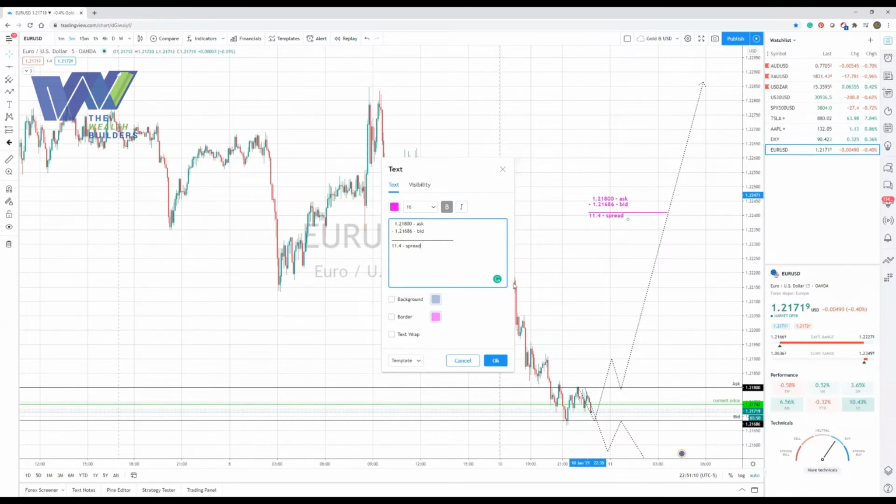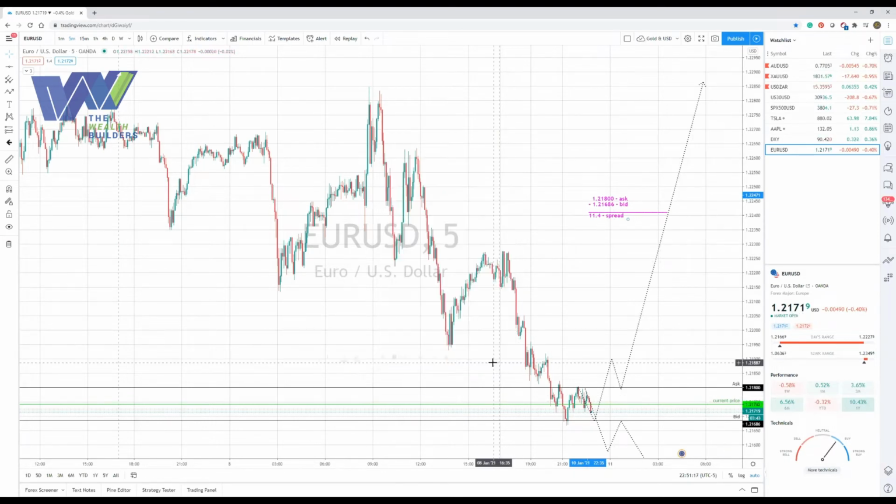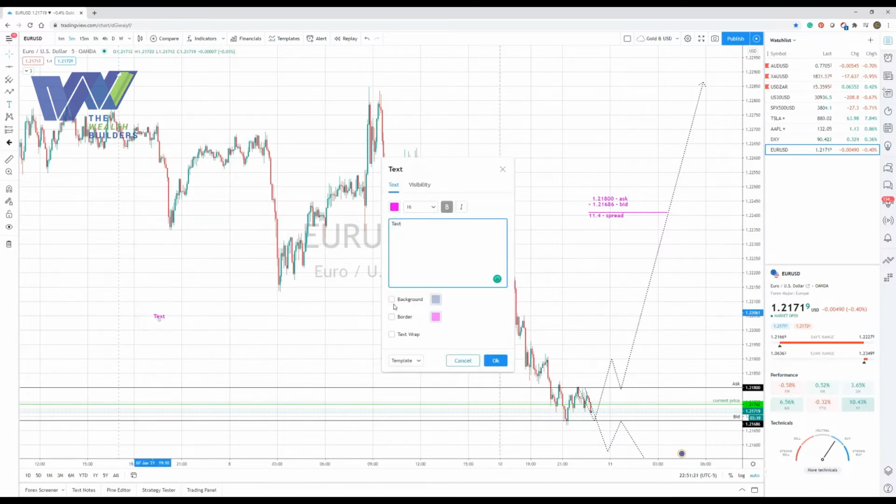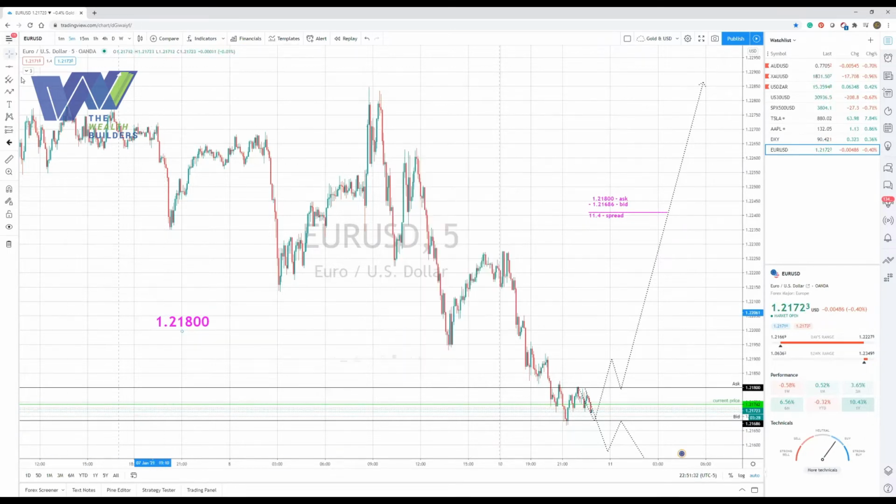All right. And so basically we count it as ones, tens, 100s. So if we make this really big, 1.21800. All right. So let's underline this.